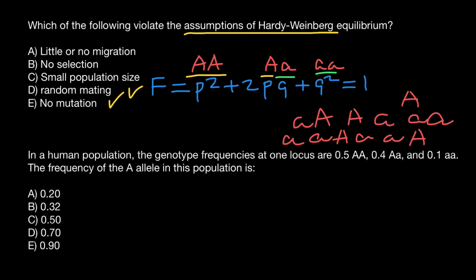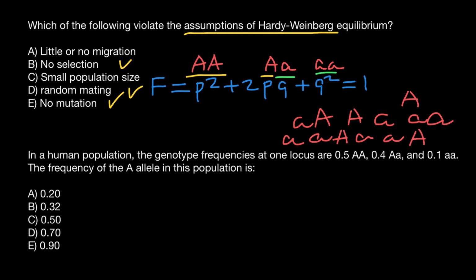They are going to change. So no selection is going to be one of the assumptions in order for the population frequency of the genotypes to be stable from one generation to another.